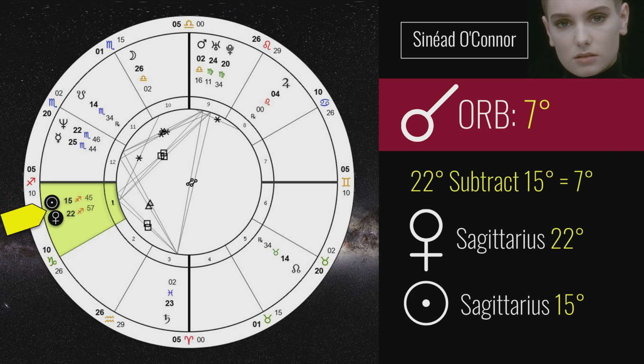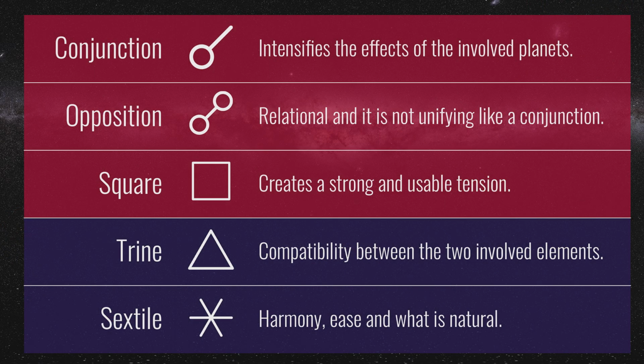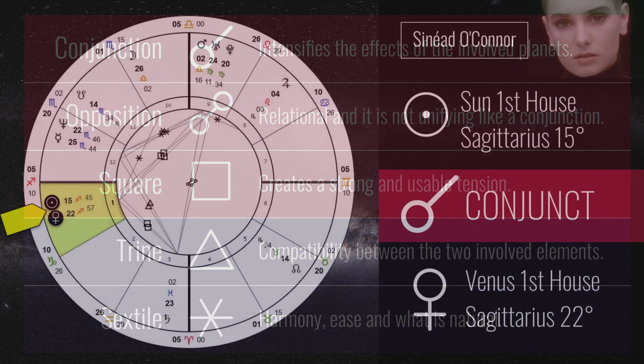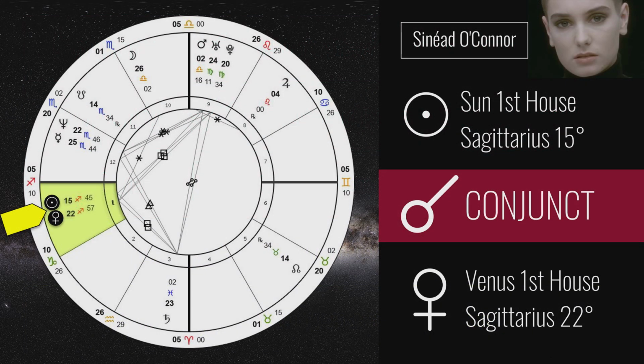And so an aspect is simply referring to when the sun, the moon, or a planet are connected energetically. The primary connection would then be a conjunction, when the two celestial bodies are next to each other.